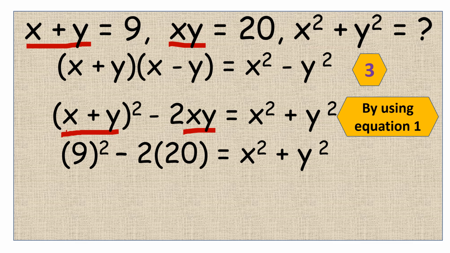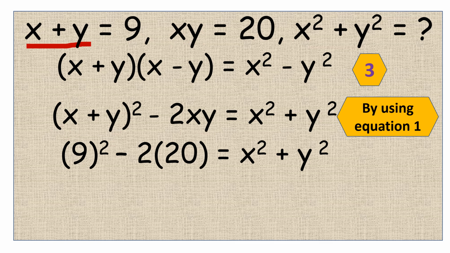So here, our x plus y is 9, and therefore 9 squared minus 2 into the bracket xy. Our xy is 20, therefore minus 2 into the bracket of 20 is equals to x squared plus y squared.